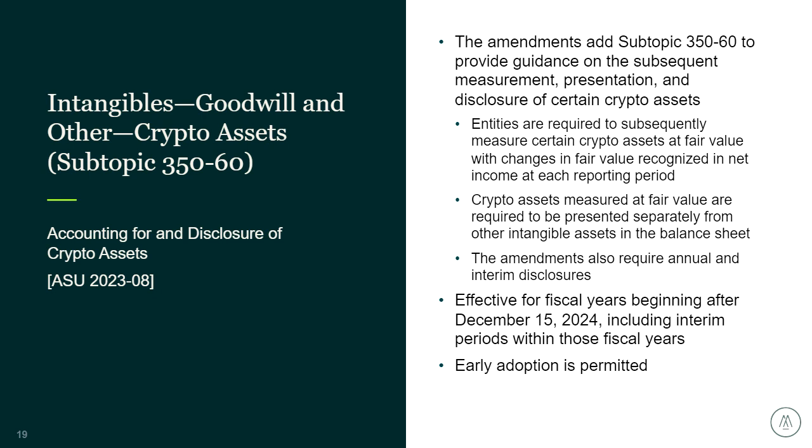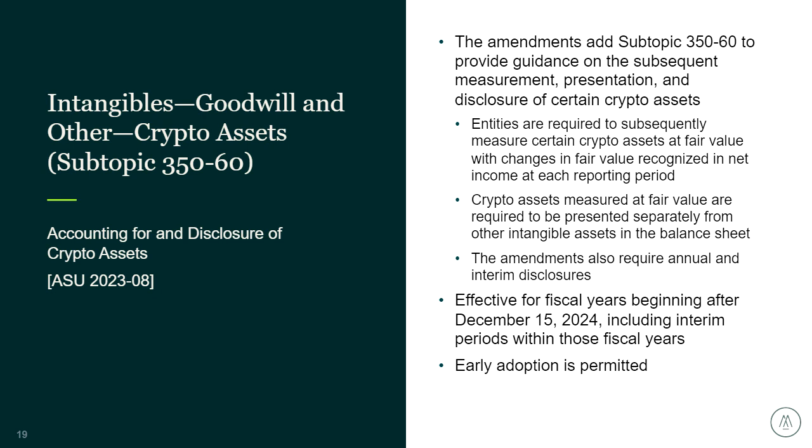So therefore, ASU 2023-08 was issued, and the amended guidance requires entities to measure crypto assets meeting the mentioned scope criteria at fair value in accordance with Topic 820, which is the fair value measurement. And this will change the recognition in net income at each reporting period.